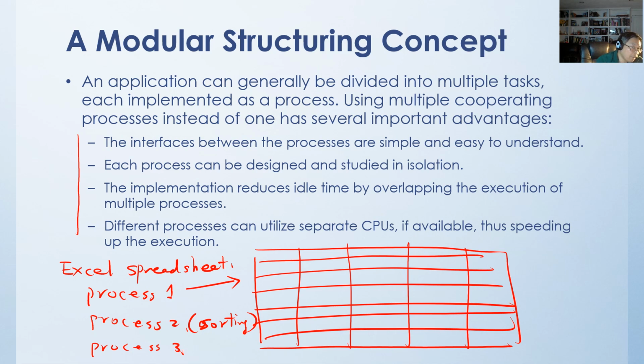Now, one of the benefits of building the app with multiple processes is that if you run this Excel spreadsheet on a multi-CPU system, it's not like using time sharing. There are multiple CPUs, like 3, 4 or 5 CPUs, and you can run the spreadsheet on multiple CPUs. Say you run process 1 on one CPU, process 2 on another CPU, and process 3 on another CPU.